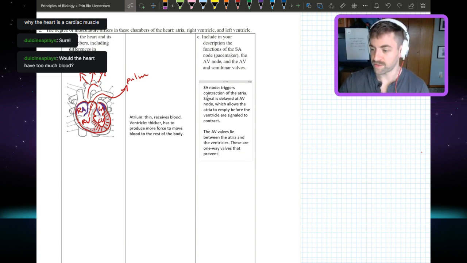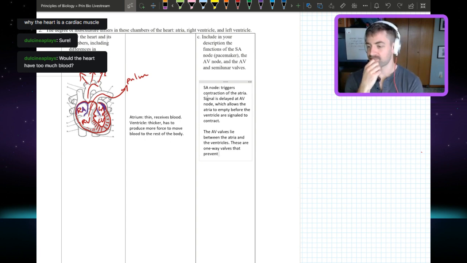Would the heart have too much blood? Why would having too much blood in the heart be a problem? You're on the right track. If the heart's job is to get blood throughout the body, and it's hanging out in one place, it's not where it needs to be, in simple terms, right?